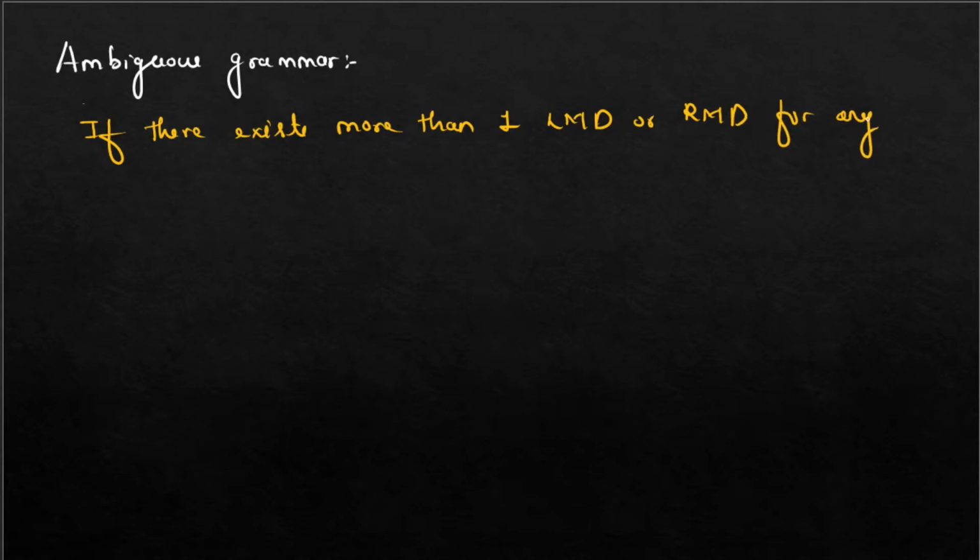Now let's see ambiguous grammar. If there exists more than one LMD or RMD for any given string in the grammar, then it's ambiguous.